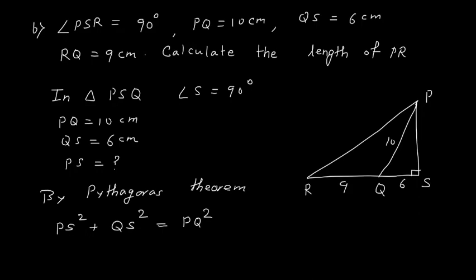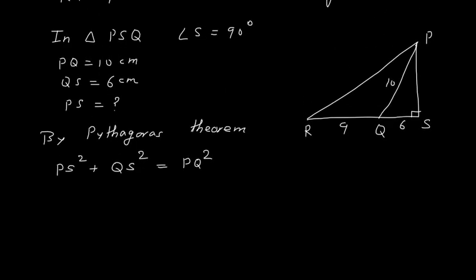So the value of PS is not known. So I will write this as PS square plus the value of QS is 6, so 6 square is equal to PQ is 10, so 10 square. So therefore we have PS square is equal to 10 square is 100 minus 6 square is 36.